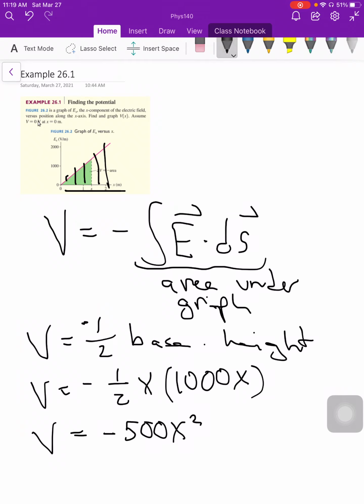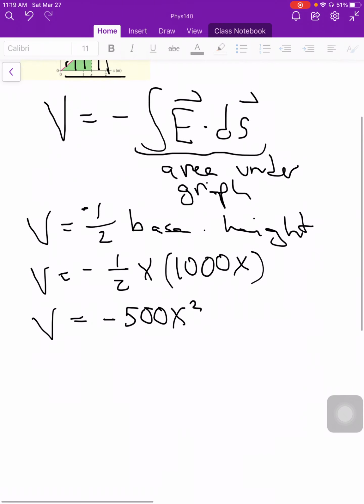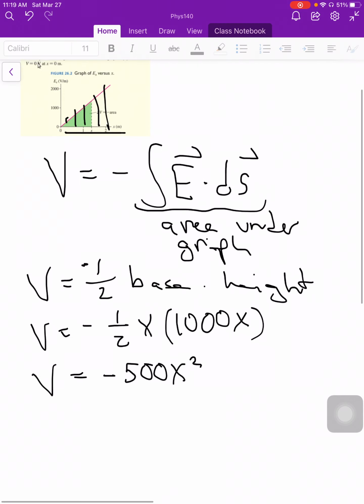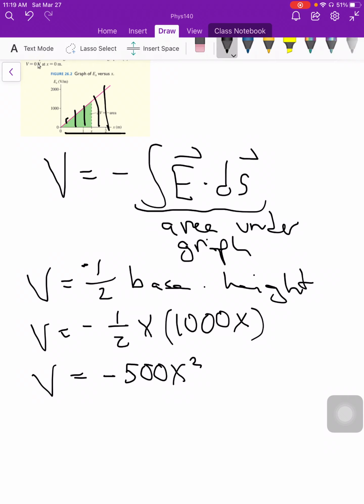I could also do this using the integral. My E is a line represented by the slope. Think about the line as y equals mx plus b. My E is the y.